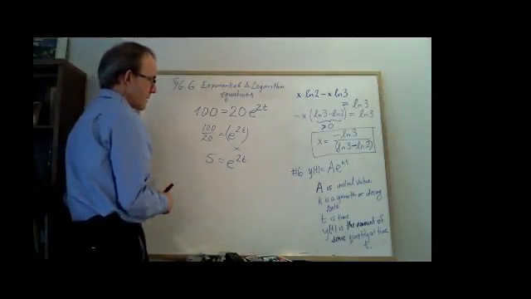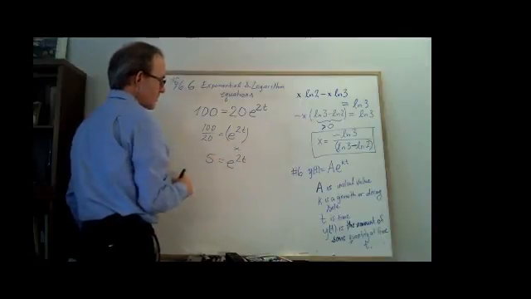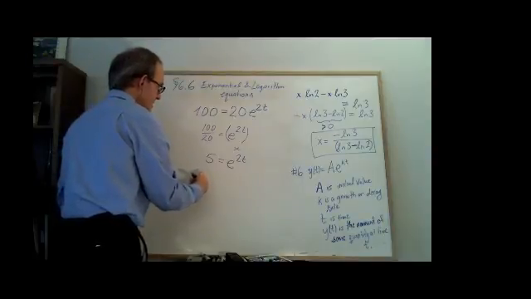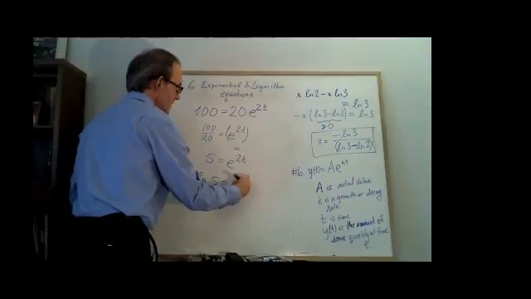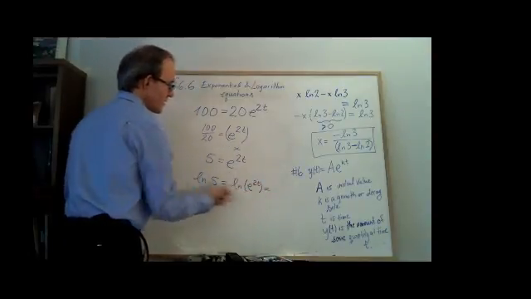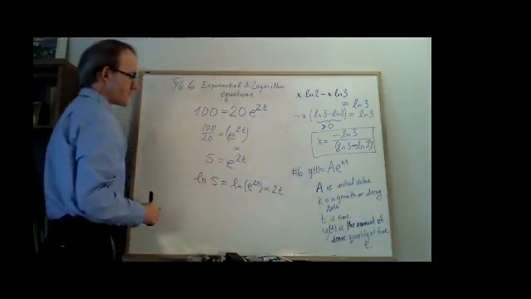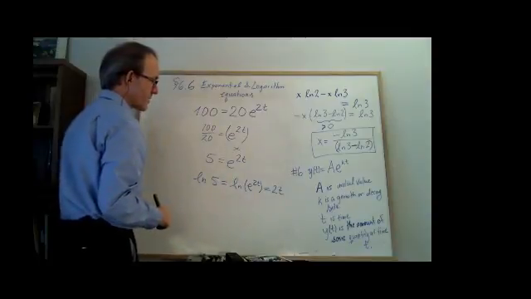If I take the natural log of both sides, I want to solve for t specifically. So yes, I can keep going. I take the natural log of both sides, and the natural log of e to the 2t, using the inverse formula, is just 2t, by definition of the natural logarithm.